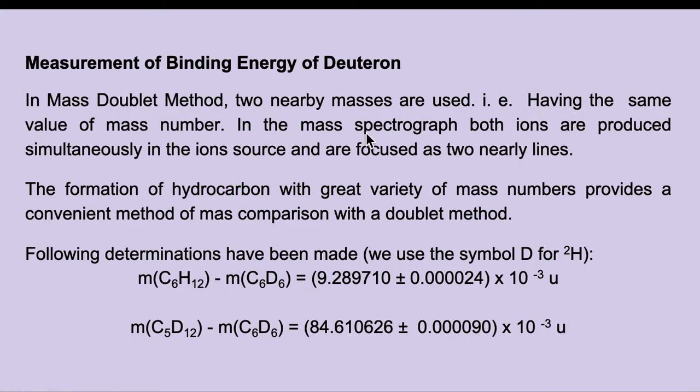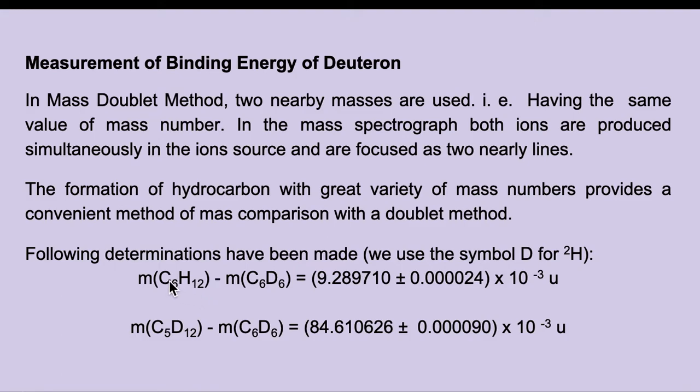And we have mentioned the total mass number. Here you can see that the carbon mass number is 12. You have 6 atoms here, so 6 into 12 is 72. And you have 12 hydrogens here, and that of hydrogen is 1, so 1 into 12 is 12.